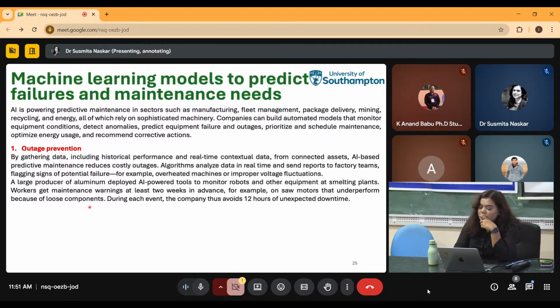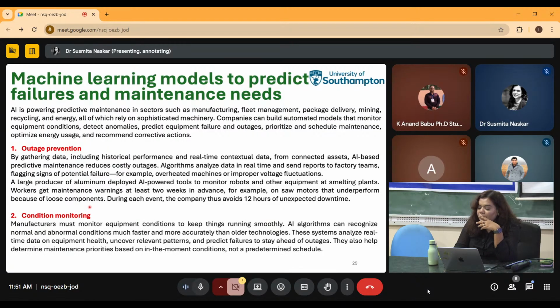Another one is condition monitoring. These machine learning models also revolutionize how manufacturers monitor equipment condition, right? By using artificial intelligence models, we can recognize both normal and abnormal operational patterns far more accurately than older techniques. The system analyzes real-time data on equipment health, identifies the relevant patterns, and can predict failures quite early.